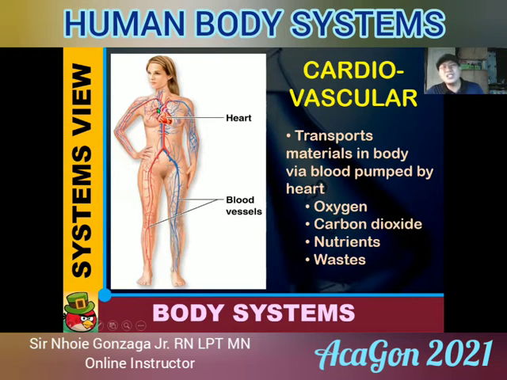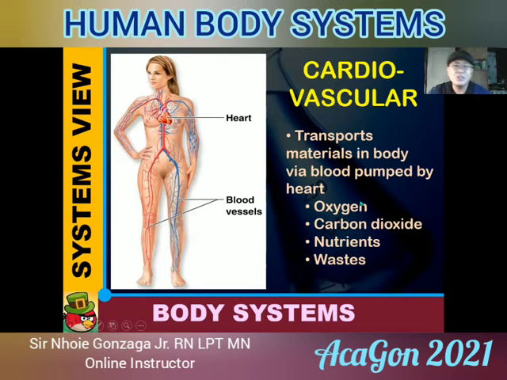So the main function of the cardiovascular system is the transporting of minerals in the body via the blood pumped by the heart. By the way, it is the heart that produces clean blood, and it is also the heart that cleans the dirty blood from the body to make it clean again.